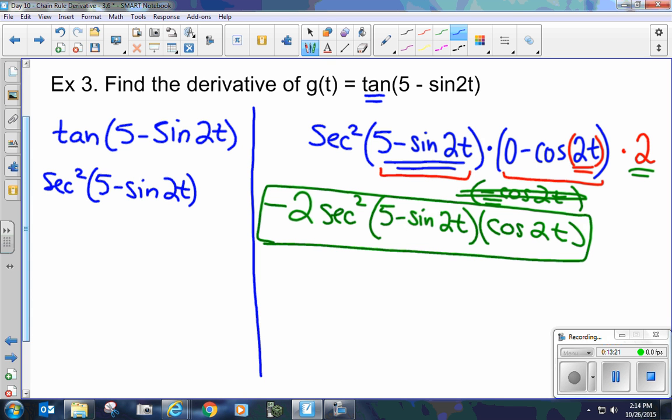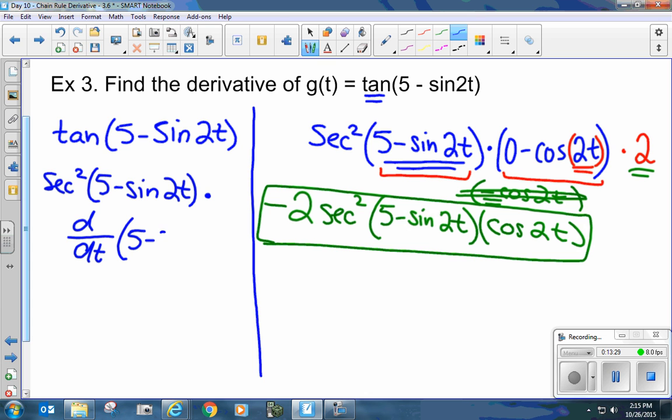I've got to multiply this by the derivative of 5 minus the sine of 2t, right? Okay? Now when I take that derivative, what do I get?